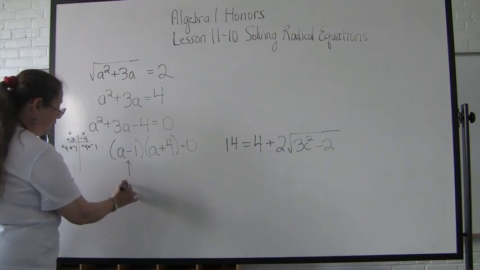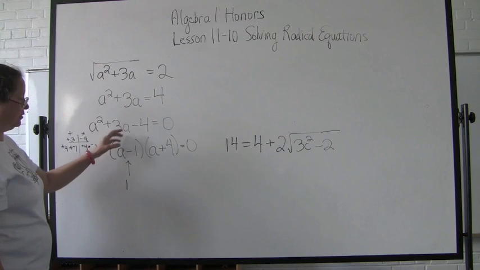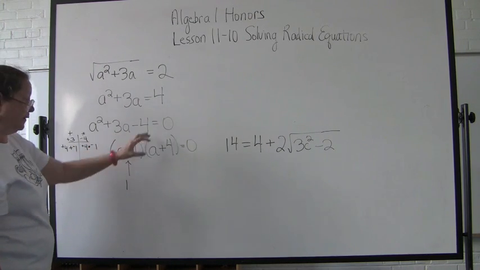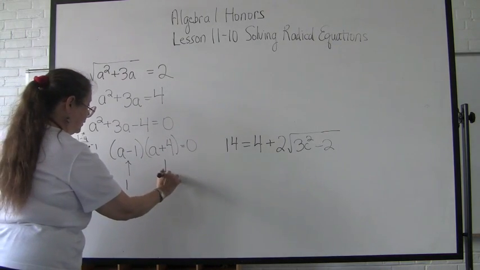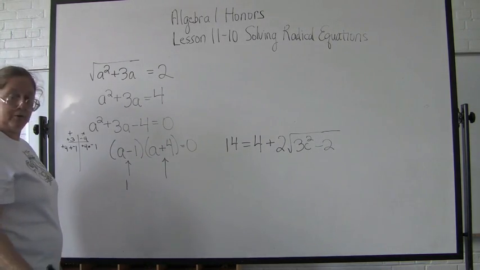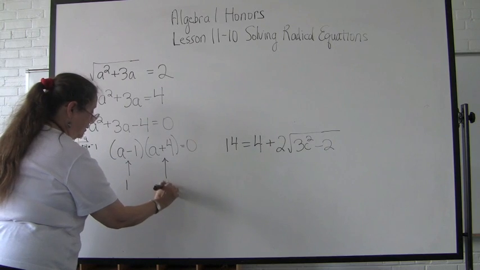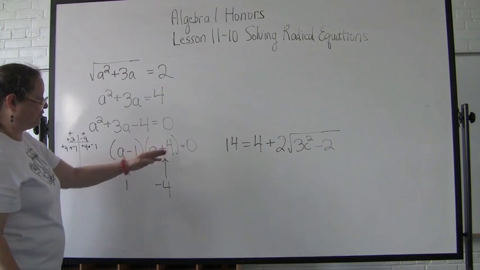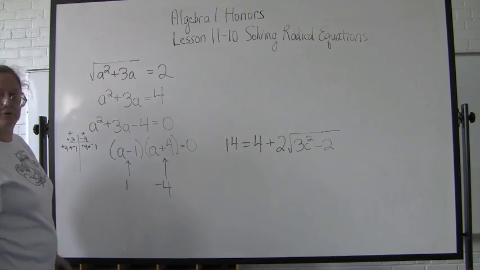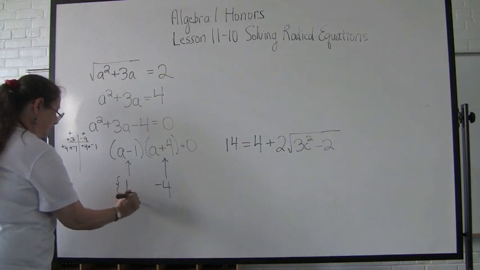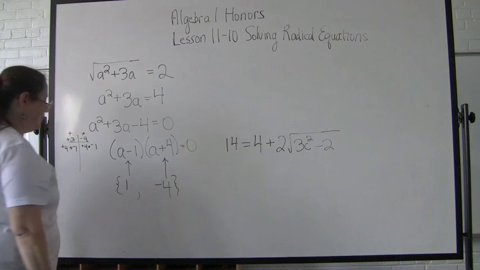Well, if I put in a 1 for a, 1 minus 1 gives me a 0 here, and it wouldn't matter what's here, I'd still get 0. What makes this one 0? If I put in a -4 for a, because -4 plus 4 gives me a 0 here, and 0 times anything gives me a 0. So I have two answers, 1 and -4.